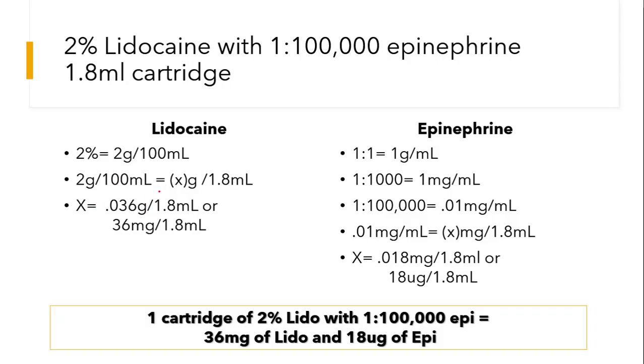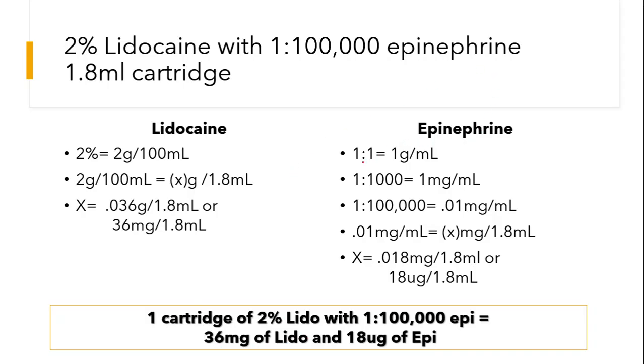To find out how much lidocaine is in there, 2 grams per 100 ml is equal to X grams over 1.8 ml. Cross multiplying, you end up with 0.036 grams per 1.8 ml, or 36 milligrams per 1.8 ml. So in one cartridge of 2% lido with 1:100,000 epi, you have 36 milligrams of lidocaine.